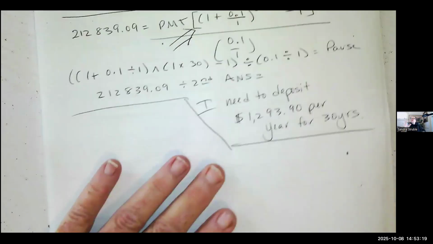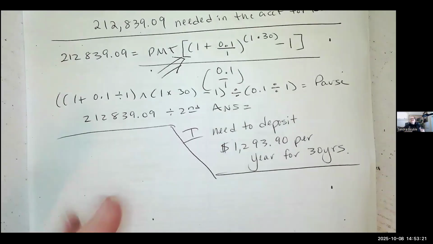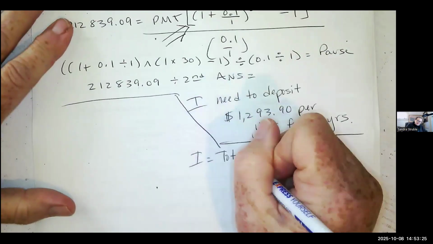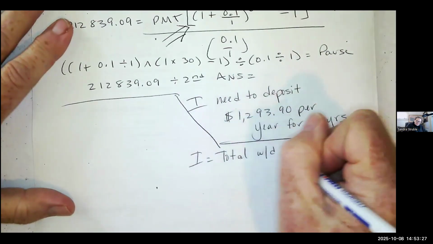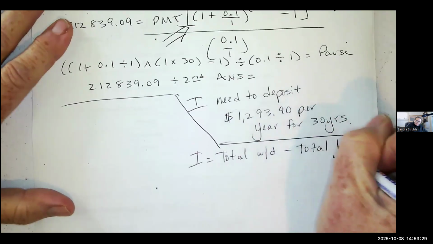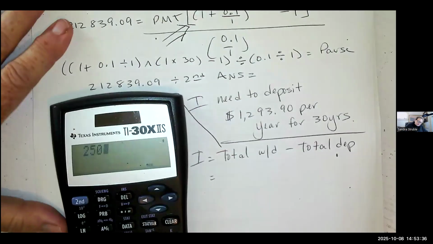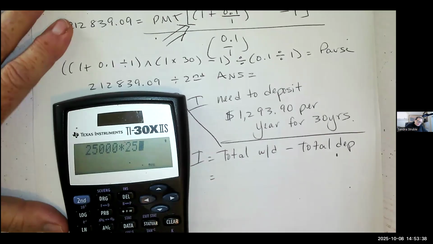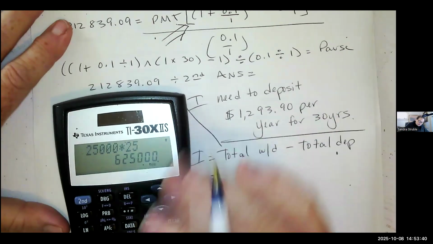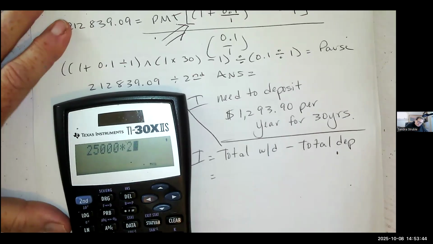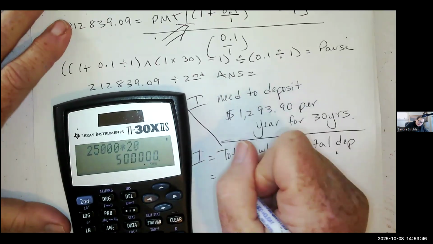But should you want to see the interest, the interest is your total withdrawals minus your total deposits. Your withdrawals are $25,000 a year for 20 years. So we withdrew 500 grand.